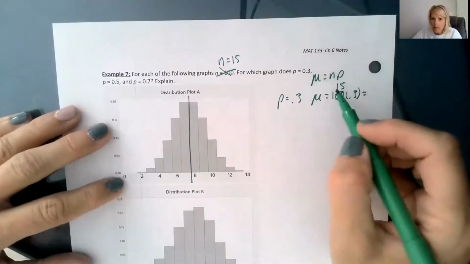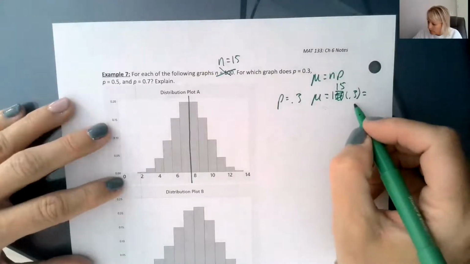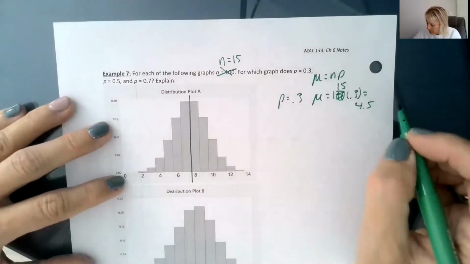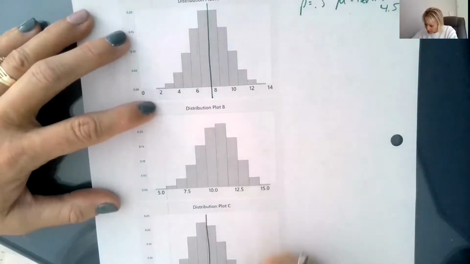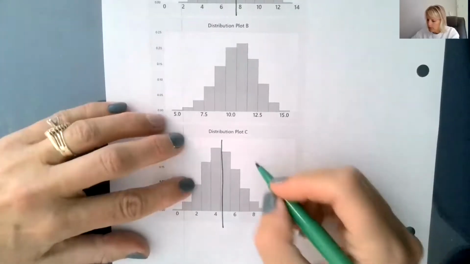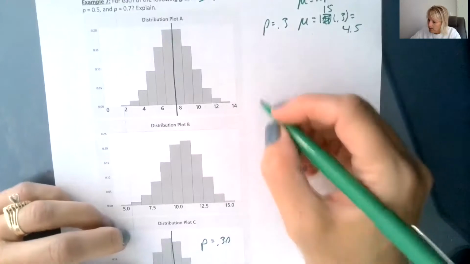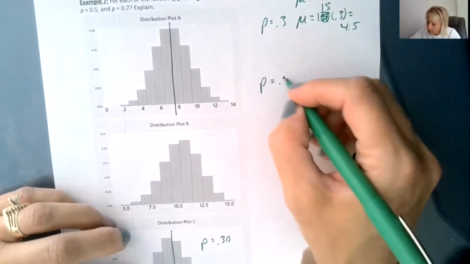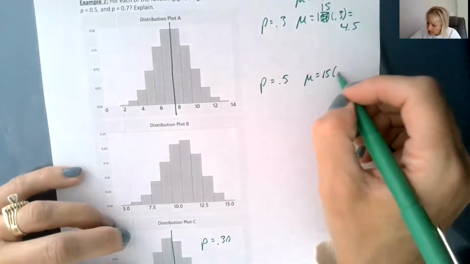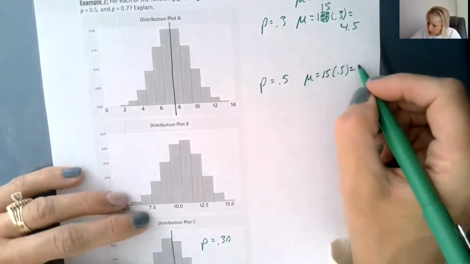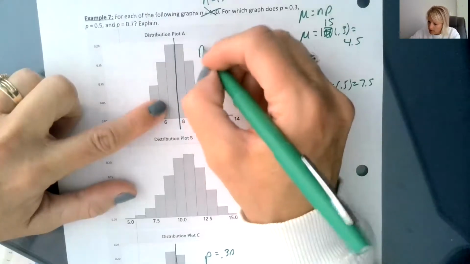So sorry about that. So if n equals 15 and your probability of success is 0.3, then it's going to be 4.5, which would be down here, this bottom one. So this one is p equal to 0.30. And if your probability of success is 0.5, then your mean is going to be 15 times 0.5 or 7.5, which would be this one right here.